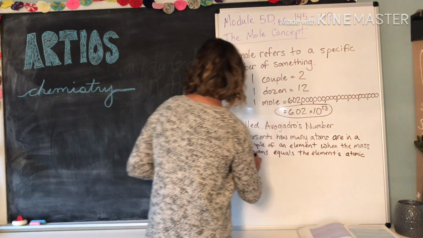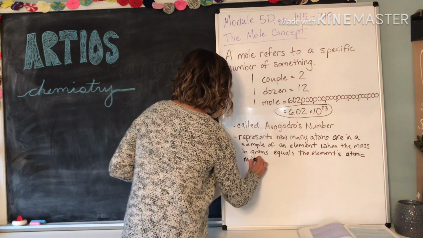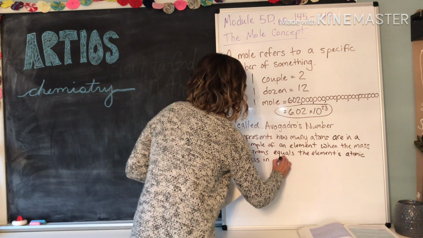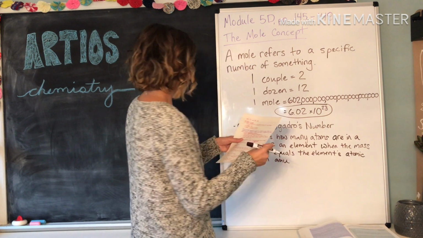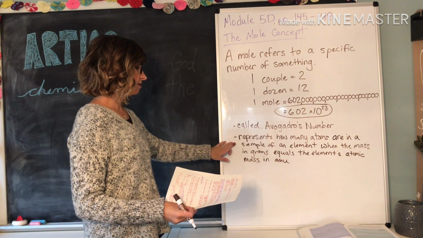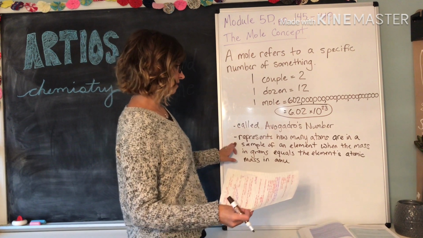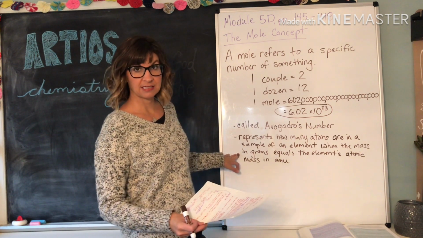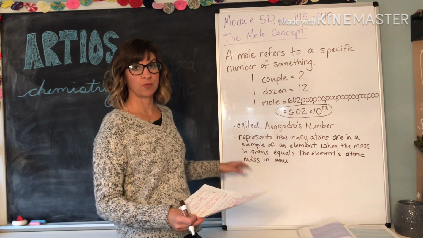Remember, we can find the atomic mass on the beloved periodic table. And let's break this down and talk about what this means. Okay, a mole represents how many atoms are in a sample of an element when the mass in grams equals the element's atomic mass in AMU.